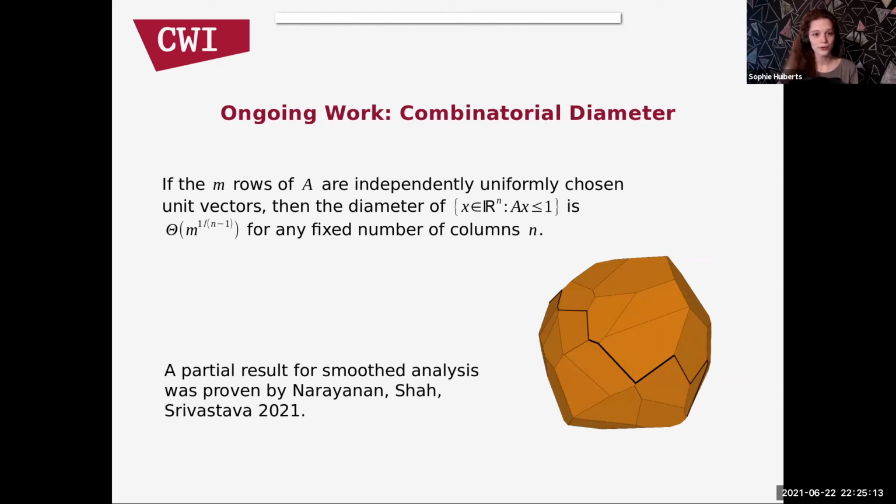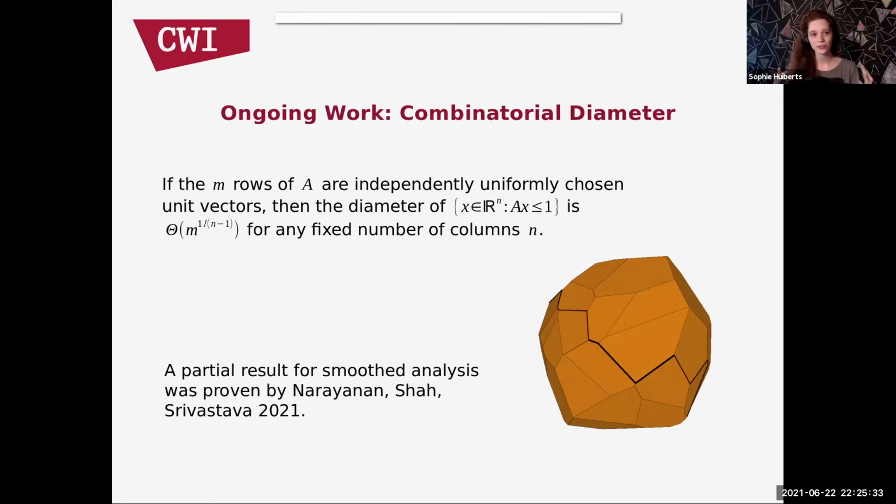And what we proved is the first upper bound on the combinatorial diameter, specifically for random polyhedra. And what I think is really interesting about this is that the upper bounds we got are much stronger than the worst case lower bounds.